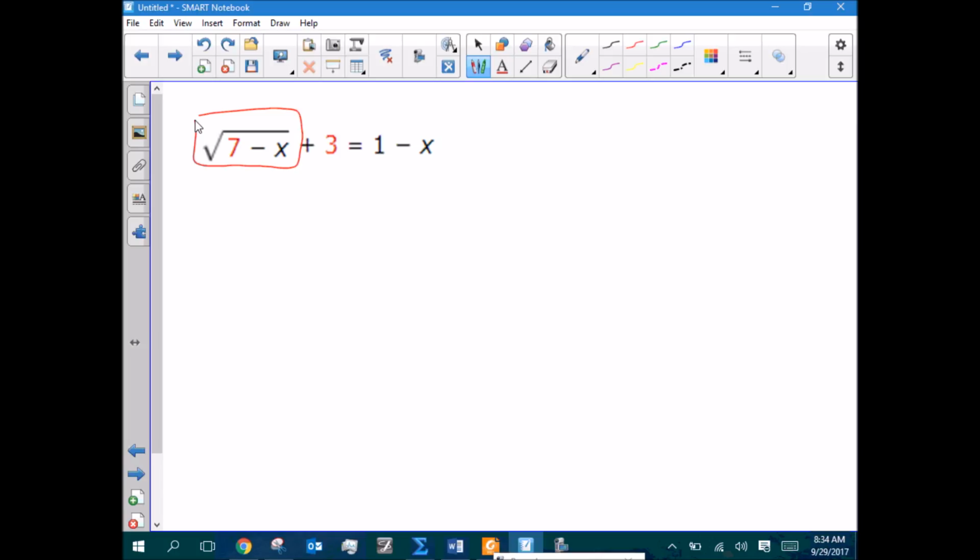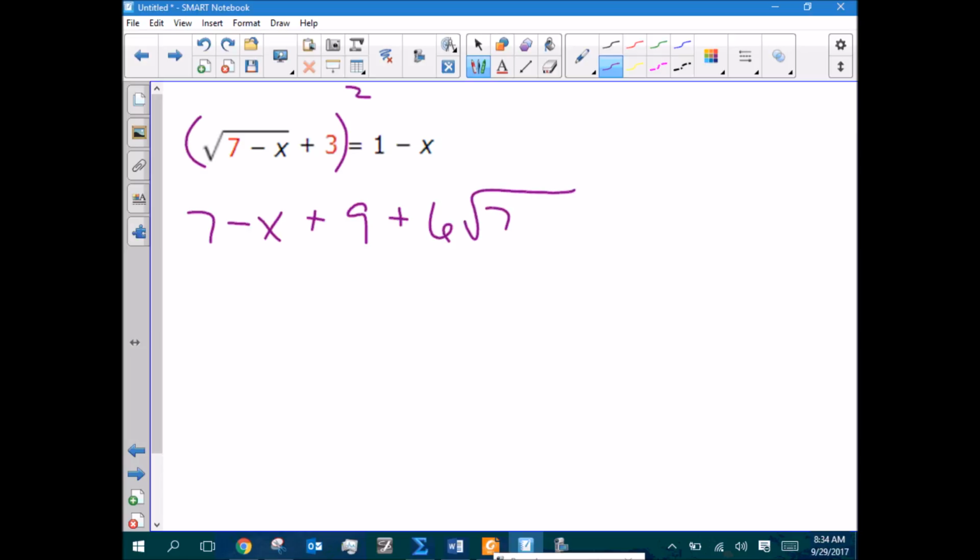Because if I just start squaring right away, I kind of see what happens here. I'll go through this quick. If I square right away, first times first, we'll make that go to 7 minus x. Last times last, we'll make that 3 go to 9. But then the outer and inner terms, when I multiply those together and add them together, are going to be 6 radical 7 minus x.